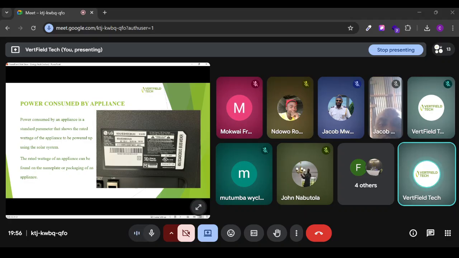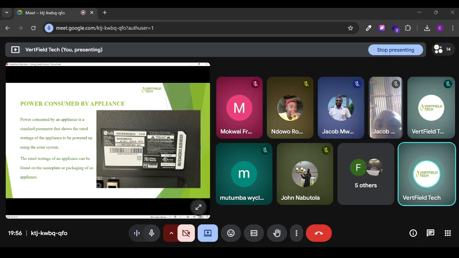The nameplate can contain the maker of the appliance, the kind of product it is, the serial number, the IMEI number, the country of make, the voltage, the current, and the wattage. So those are the details that you would see. You just go to that nameplate and harvest your wattage, which is the energy consumption of your appliance.